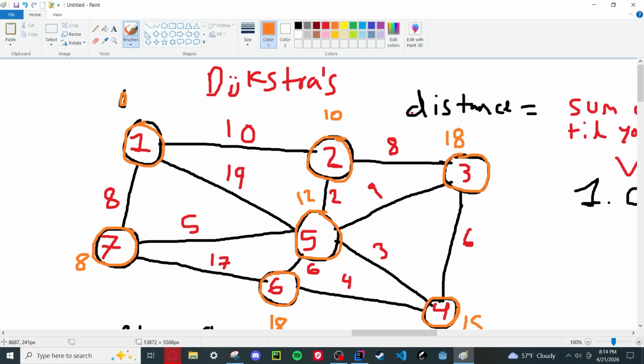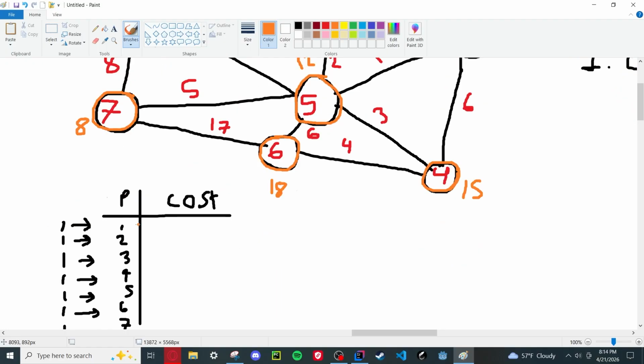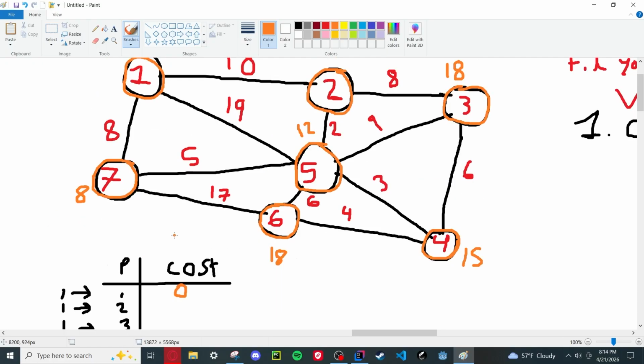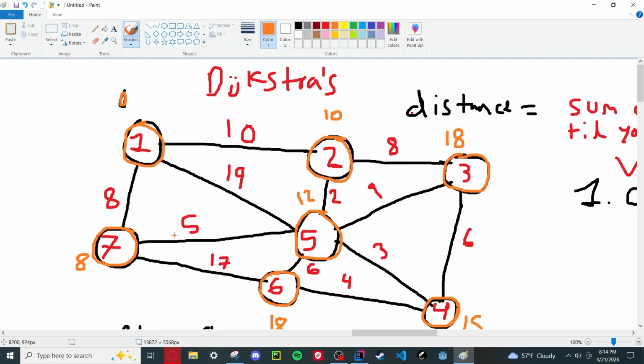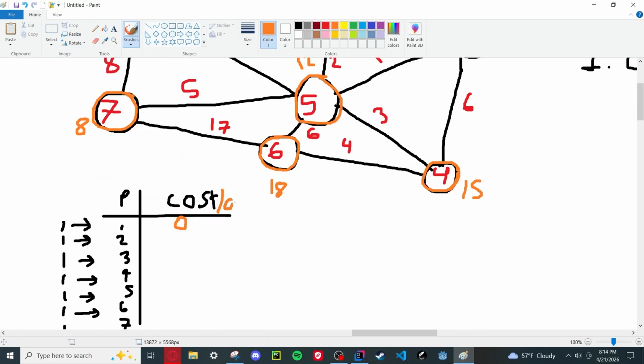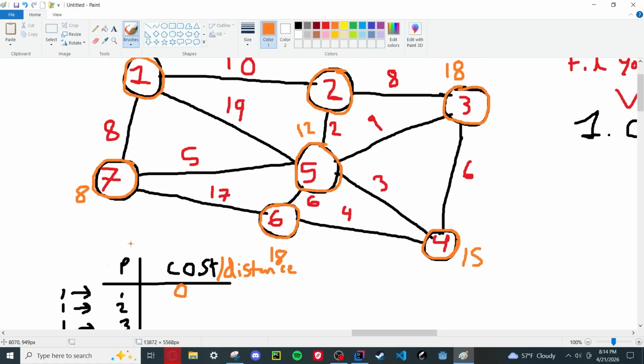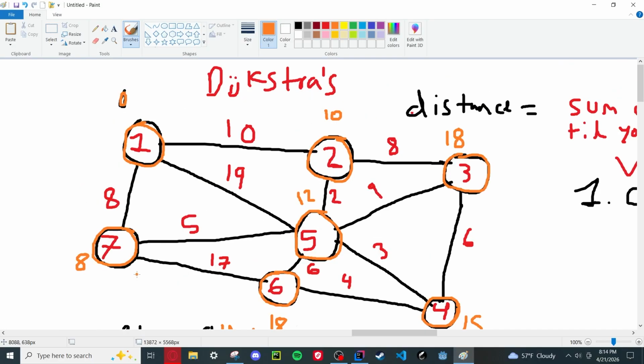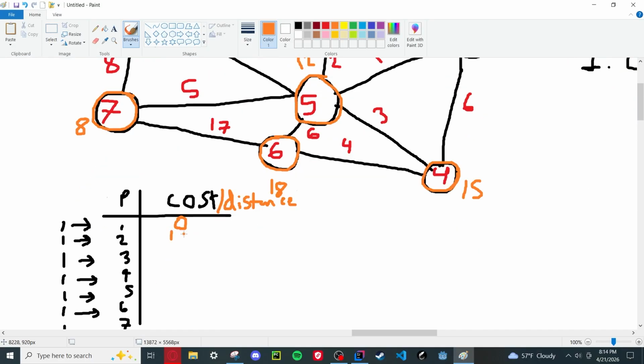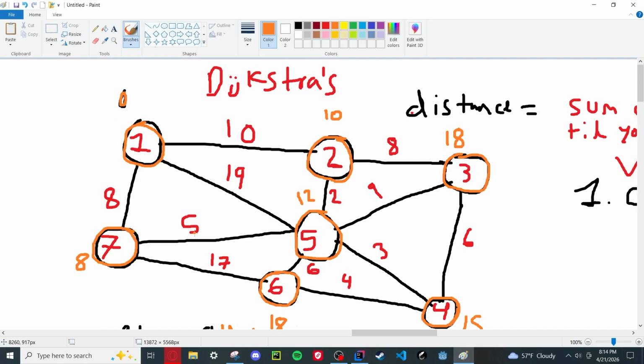It was to simply tell us the minimum cost of the path from this vertex to another vertex. 1 to 1 we got 0 as the distance. Distance is being used synonymously with cost here. 1 to 2, what's 2? We said that was 10. 1 to 3, what is 3?